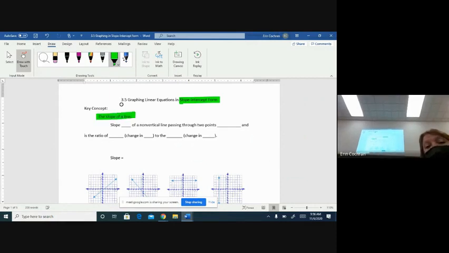Now, slope represents the steepness of your line, which should kind of make sense because if you're going skiing, right? Don't they talk about the slope of the hill that you ski down? Yeah. So the slope is the steepness of my line.